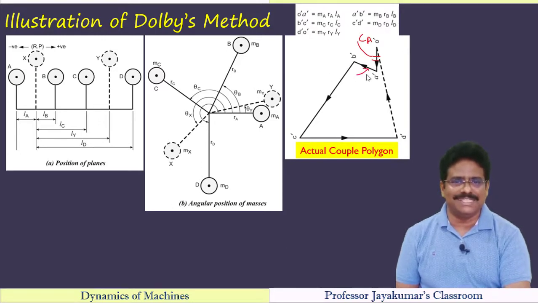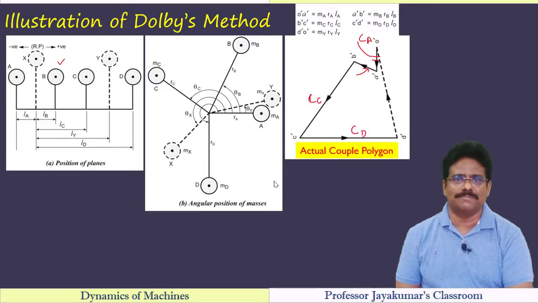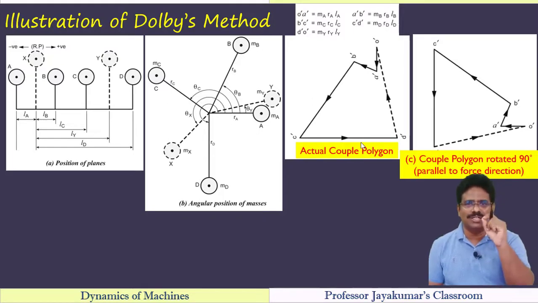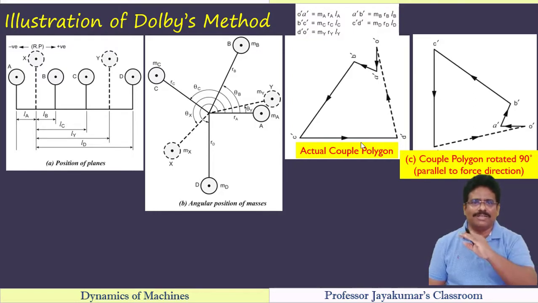Similarly, this is the couple due to mass B, couple due to mass C, couple due to mass D. What Dolby has done, this is the actual couple polygon. He just rotated the actual couple polygon by 90 degrees so that the direction of centrifugal force and the associated couple are in the same direction.